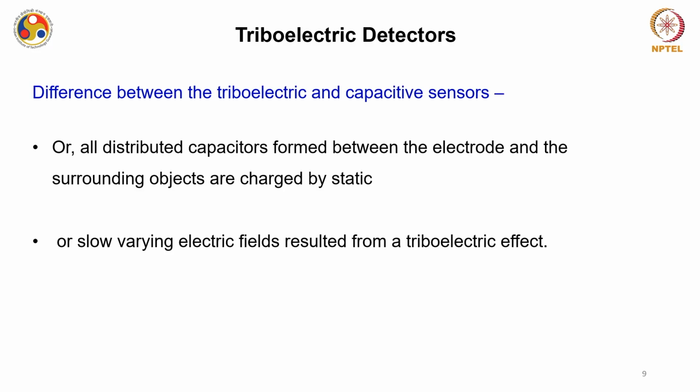So all distributed capacitances between this plate and the objects in the surroundings, all these distributed capacitances formed between the electrode and the surrounding objects, are charged by a static or slowly varying electric field, which results from the triboelectric effect. We'll see this with one example where we can make a triboelectric detector using just one electrode. Fine.